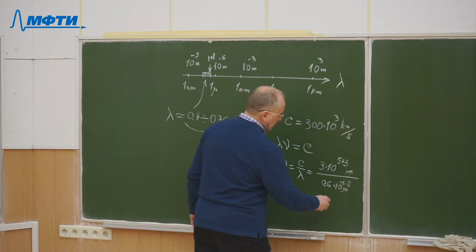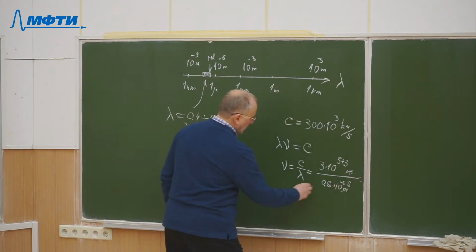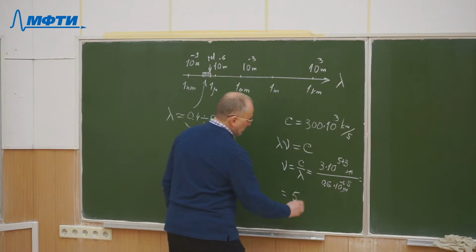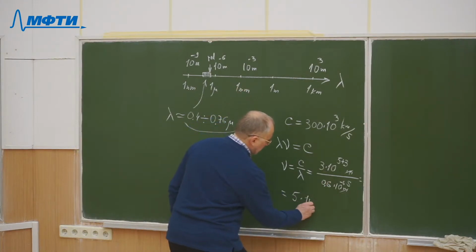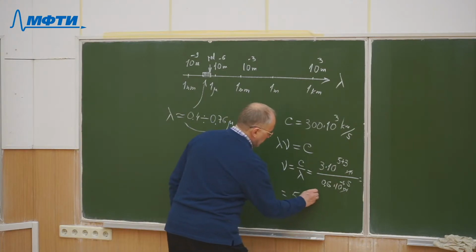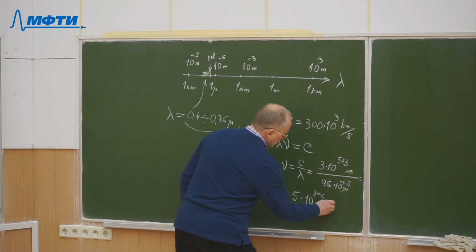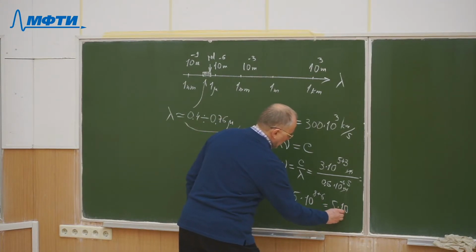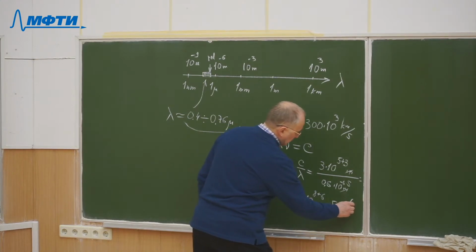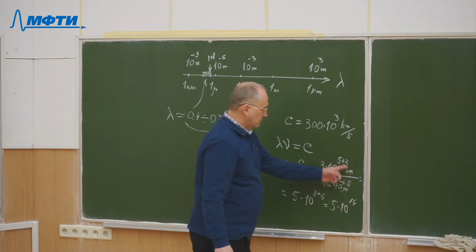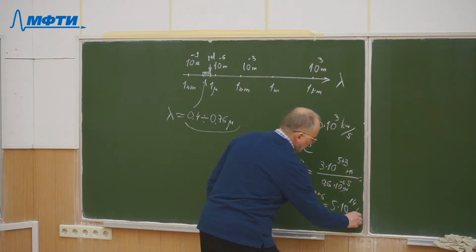So meters will cancel here, and what we have, 3 divided by 0.6, that's about 5. And then we have 10 to the power of 8 plus 6. That will give us about 5 times 10 to the power of 14. That is 1 divided by second, that is hertz.